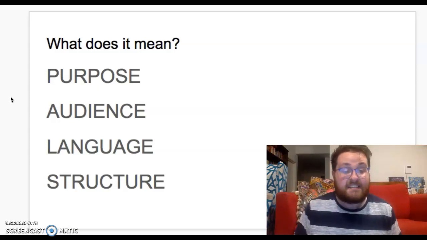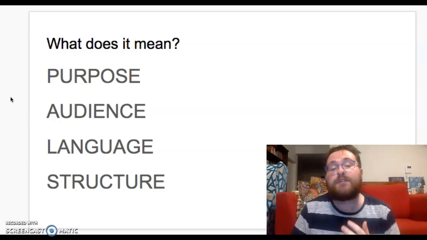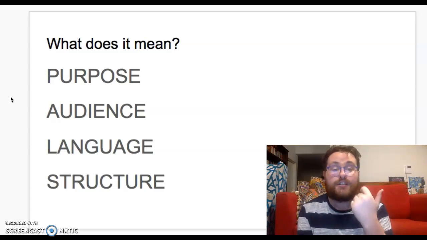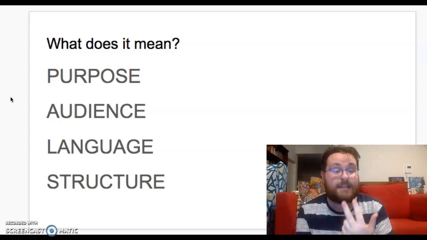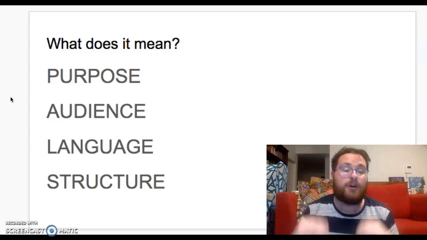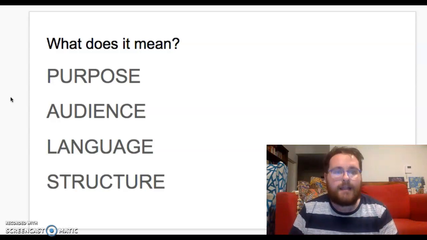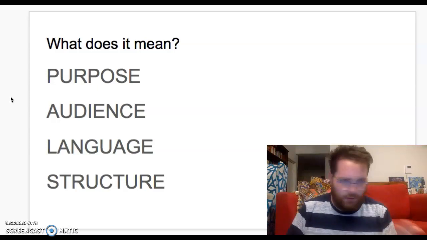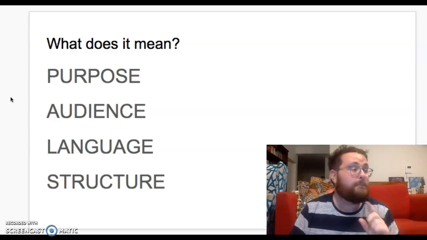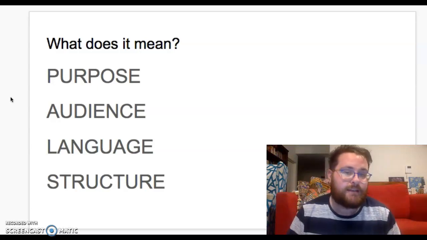why a text exists. Generally speaking, there are three purposes to any text. Is it there to entertain, to inform, or is it there to persuade? Those are the three very basic purposes. That being said, other texts will have multiple purposes in them. So they will be there to entertain, but also inform you of things.